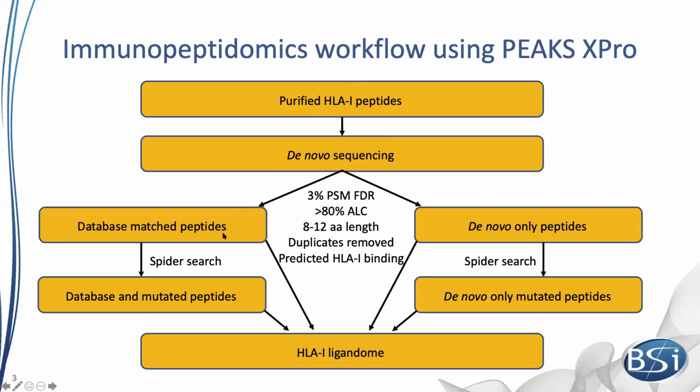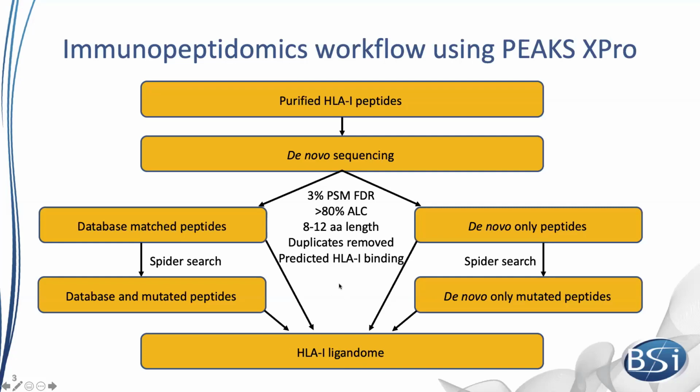Then for both groups, we perform a SPIDER search to identify mutated peptides in each group. Any peptides that pass through these filters shown in the middle, and also meet the criteria of being a predicted HLA ligand, will get grouped into the HLA-1 ligandome.